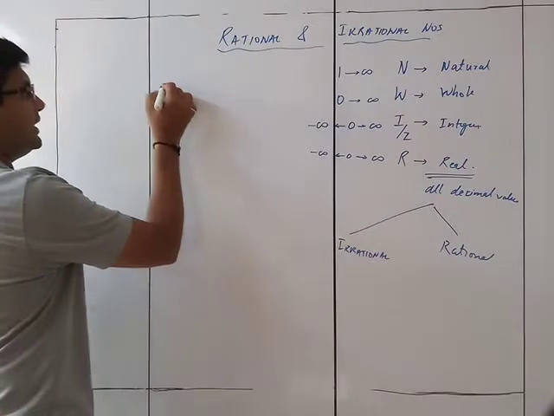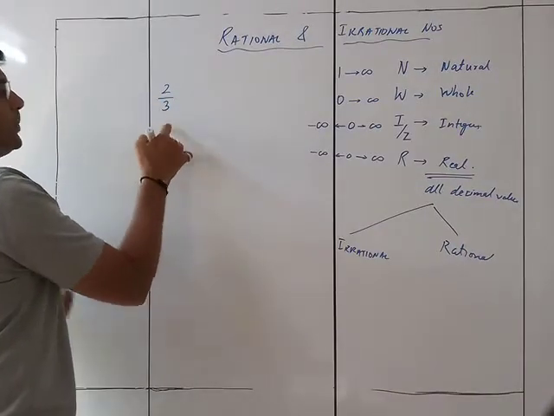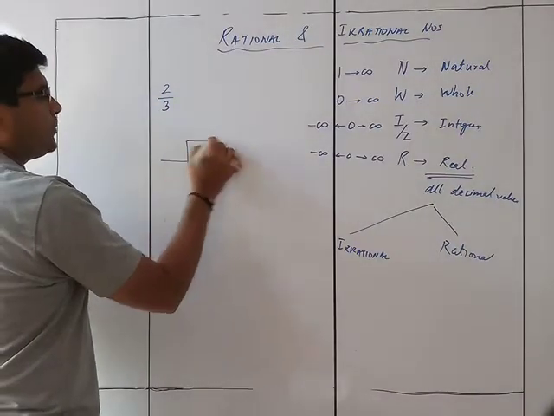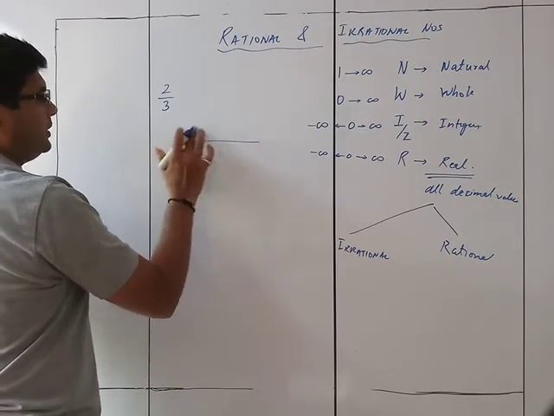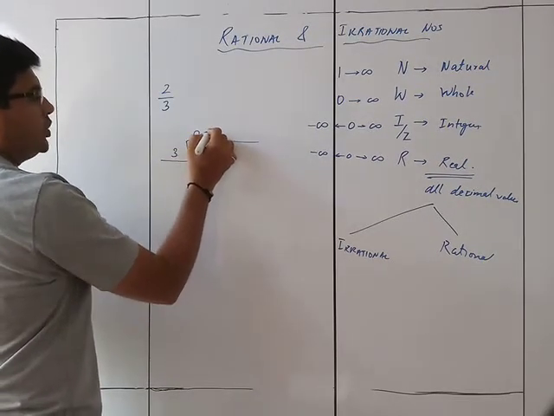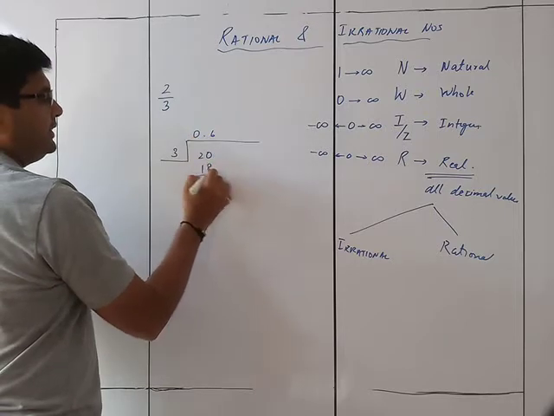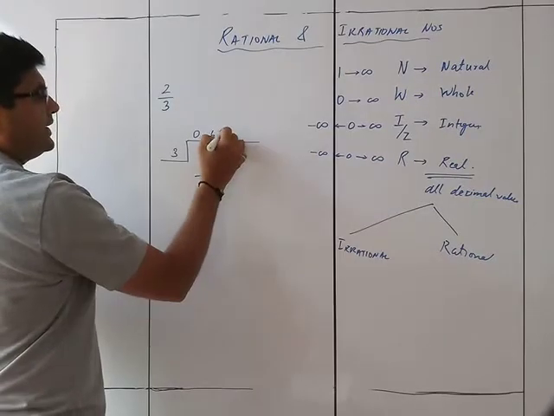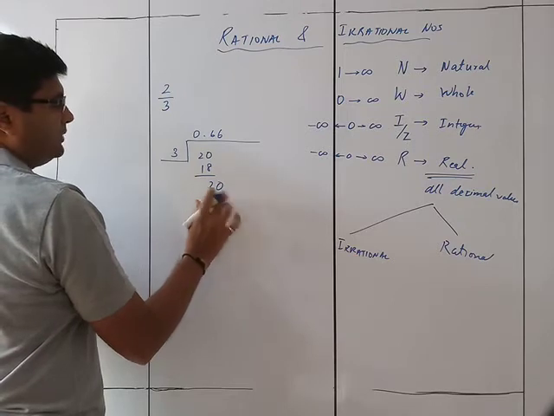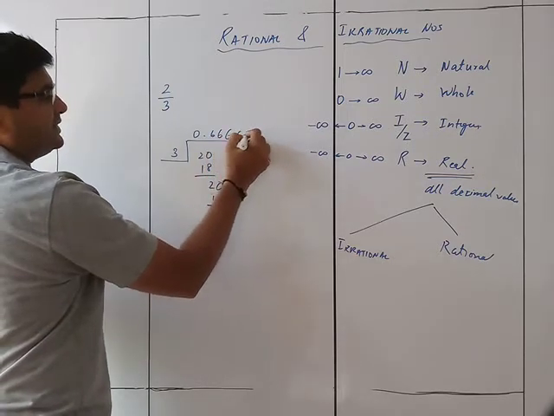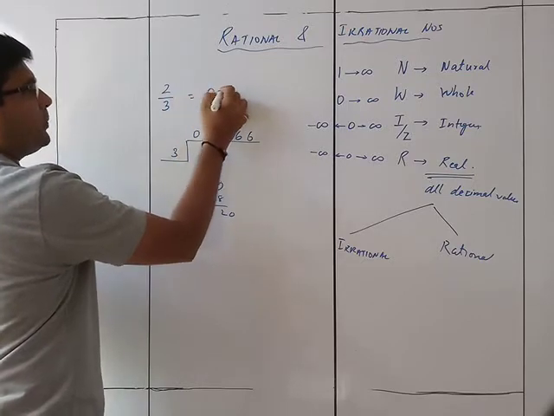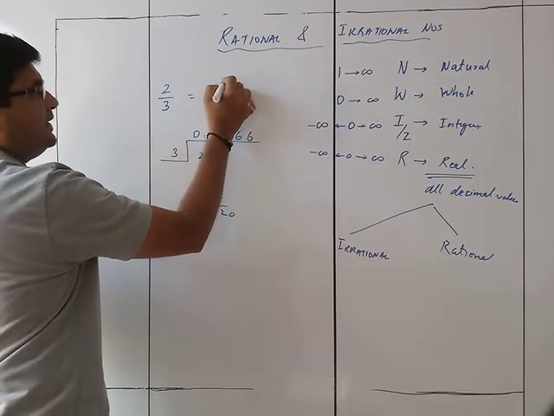For example, if I take 2 upon 3 and actually divide it, what will happen? This is 3, this is 2, so it will be 0, 0 point. So 20, it will be 6, 18, and then it will be 2 again, so 20, and again 6, then 20, so 18, so again 2 and 20, so 6, 6, 6, 6. So you can see it is nothing but 0.6666 recurring.